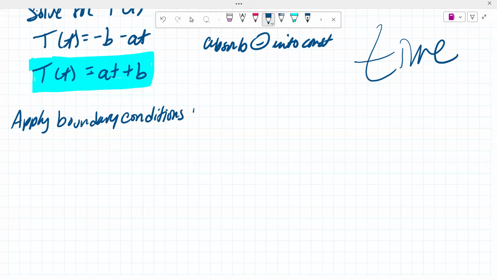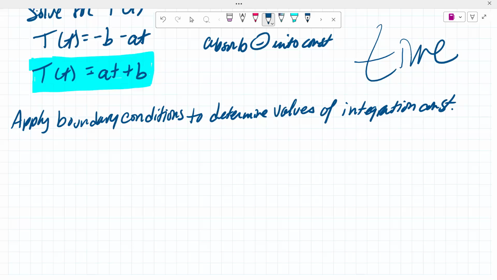To determine the values, get the values of the integrations.